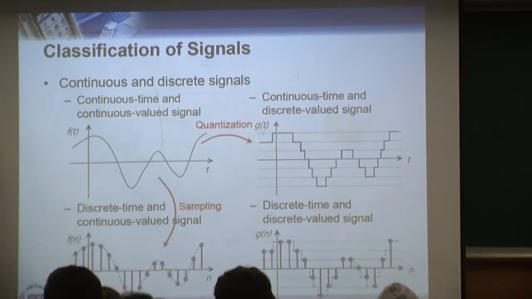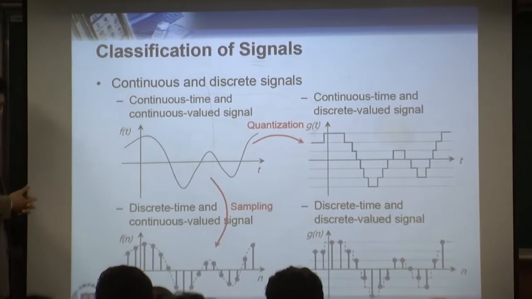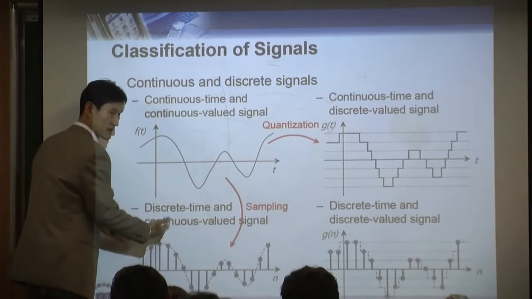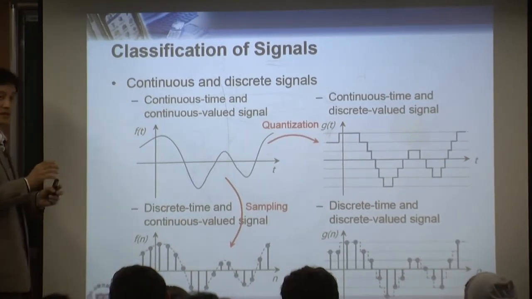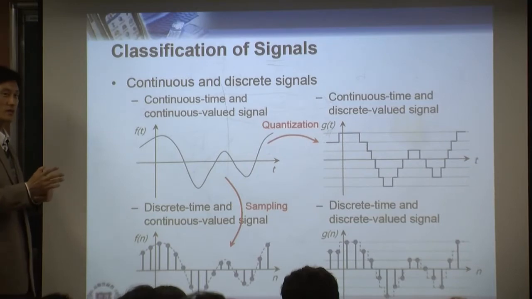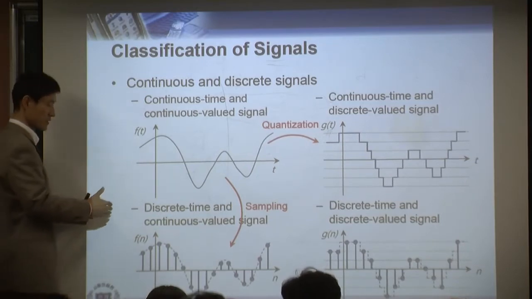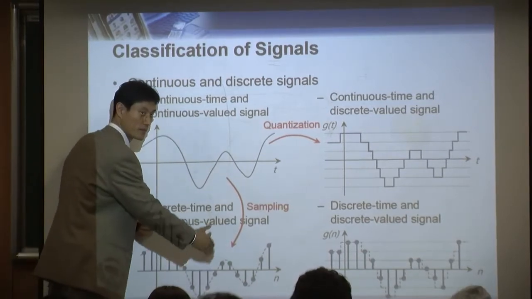But if you increase the sampling frequency, what's the problem? Your sampling frequency is too fast, then what's the problem? Complexity. It's too complex, complexity is very high. That's not good. But if you sample too slow, what's the problem?